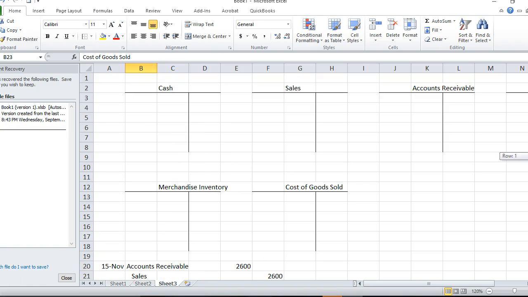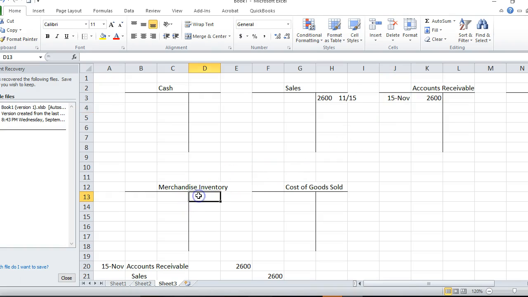But that's not what you have to do. Our job is to record them. So what we're going to do under sales here, we're going to show $2,600 on November 15th, right? And we're going to show accounts receivable on November 15th of $2,600.